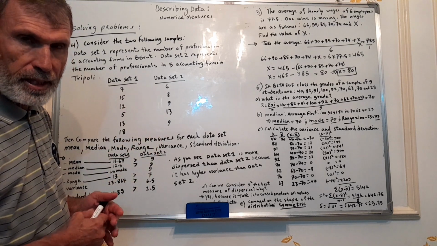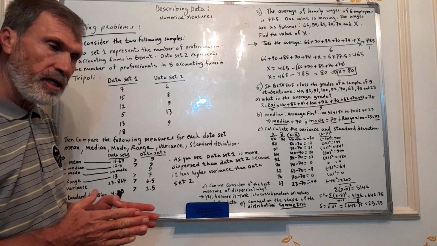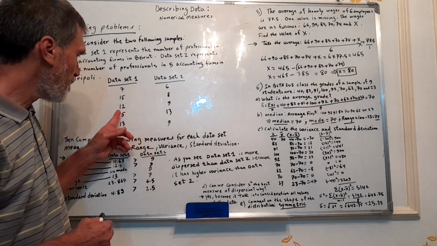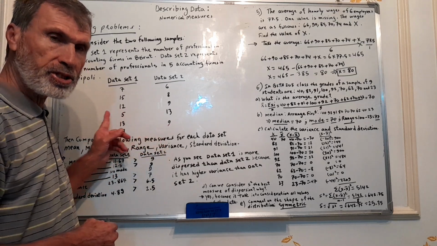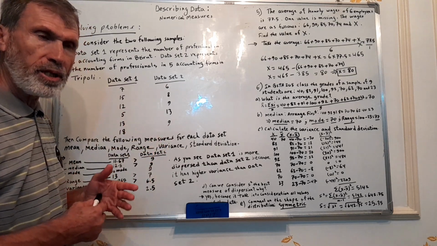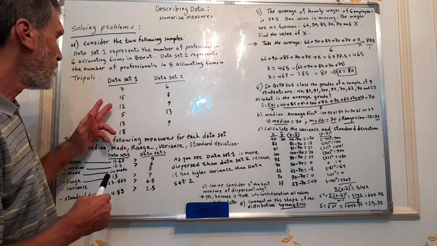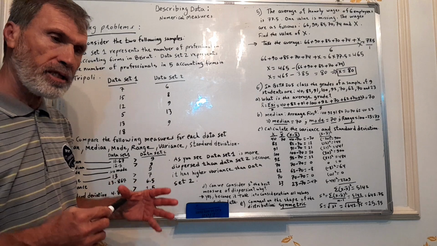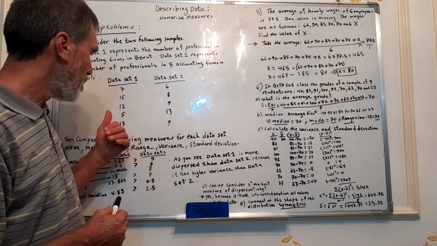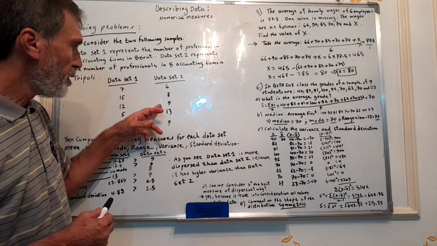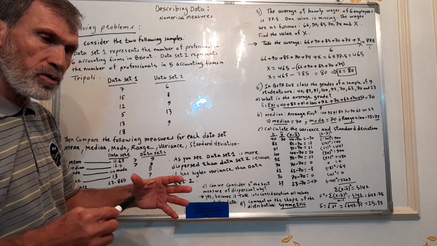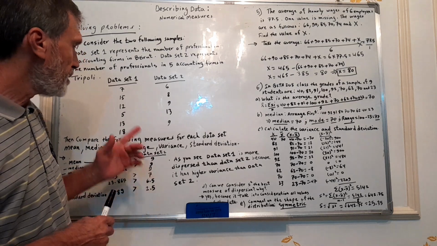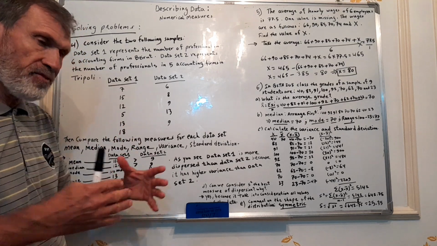Data set 1 has a higher variance, a larger number, which means that the observations are not clustered together around the mean. Here, they are perhaps clustered or close together. The data here is more variable.